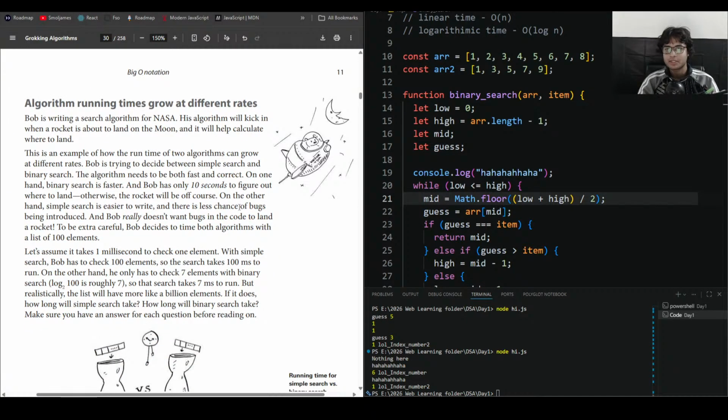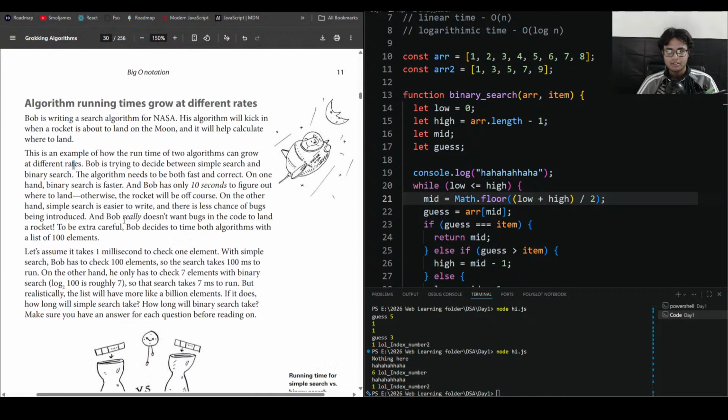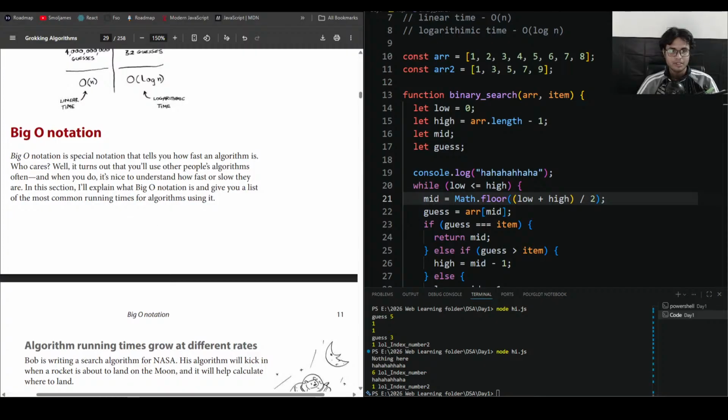Algorithm running times. Hey, how did you do this? I mean, you had to learn all these binary search and all that. How did you do this DSA?